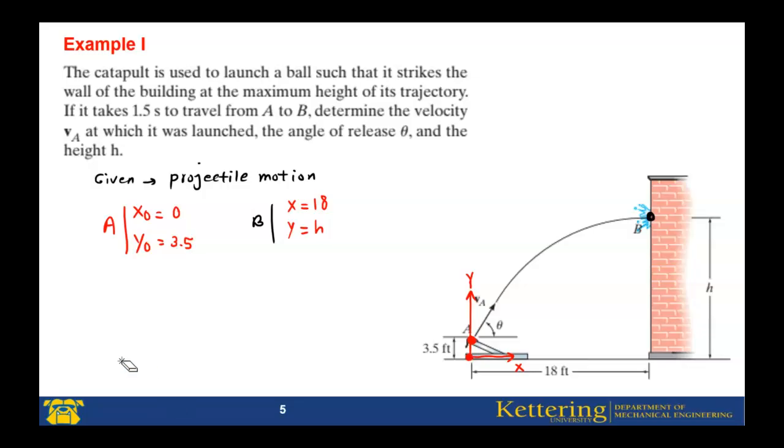Now, I also need to write at the initial point A what the velocity along the x is, what the velocity along the y is, and also at the final point, what the velocity along the x and along the y direction is. Now, how much is the v0x at A?